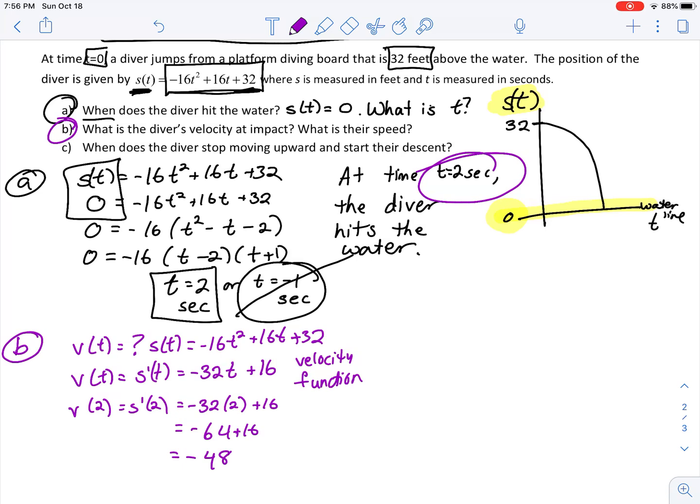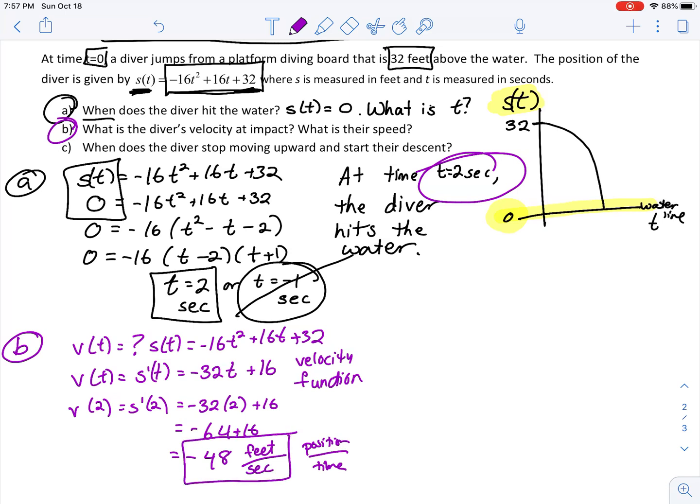Okay, so we're going to need a label from there. You cannot just leave it as negative 48. Velocity is position over time. So what was position measured in? S was measured in feet. Time is t, measured in seconds.